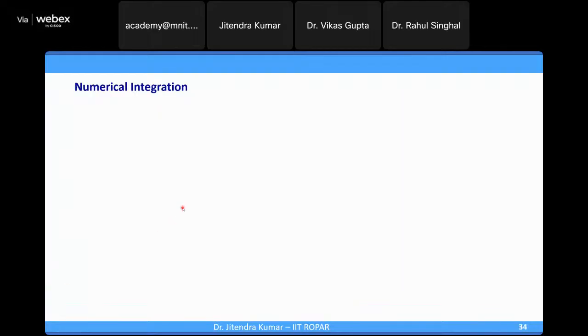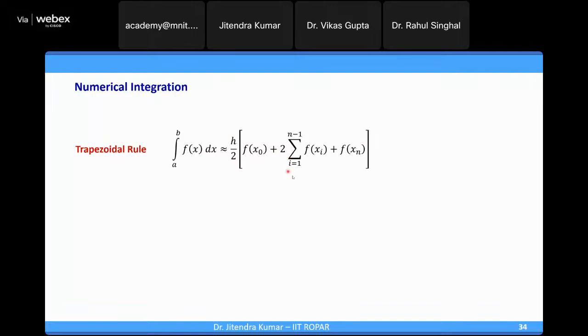Okay, so numerical integration again, if I just summarize here, the trapezoidal rule we have just gone through, where you have seen that you just need to get f(x0) and f(xn), and all intermediate nodes you can sum up with multiplication of 2.